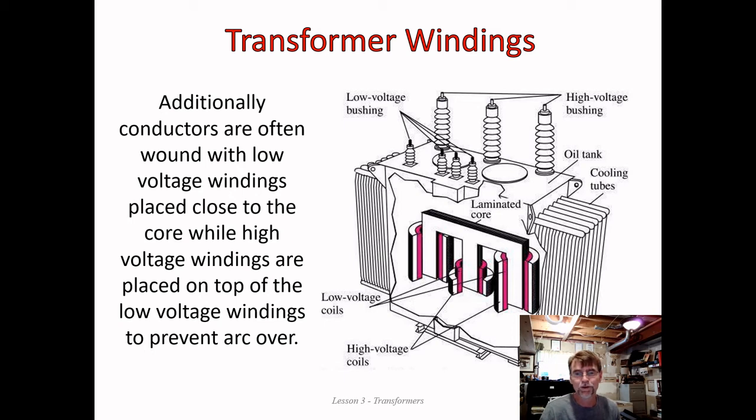For now, notice that we place the low voltage coil on the inside and we wrap the high voltage coil around that. Okay, so let me get my marker right here. So here is the low voltage coil wrapped around the core, and then here is the high voltage coil wrapped around the low voltage coil.